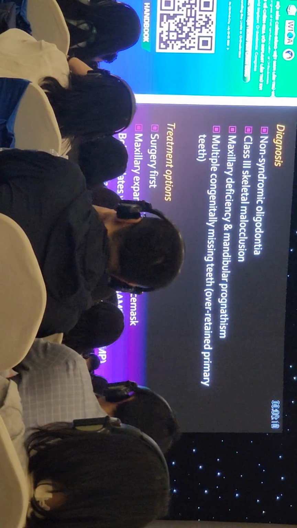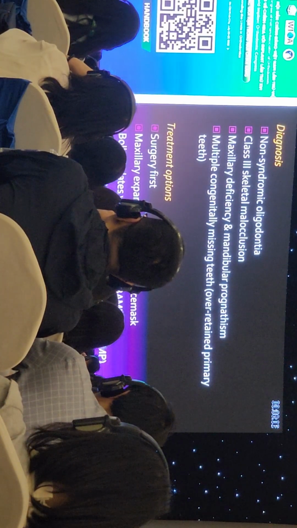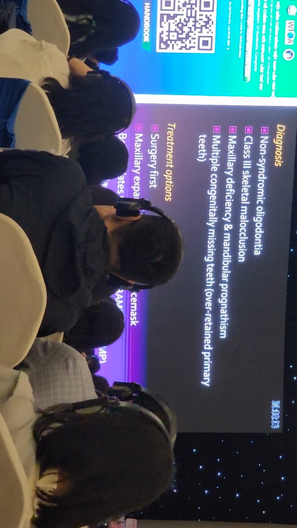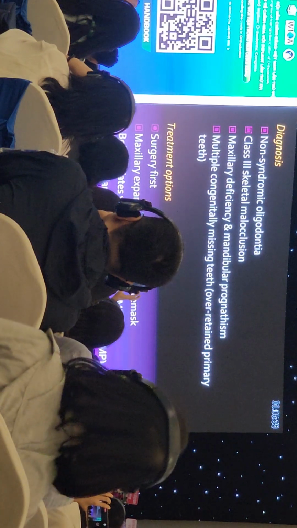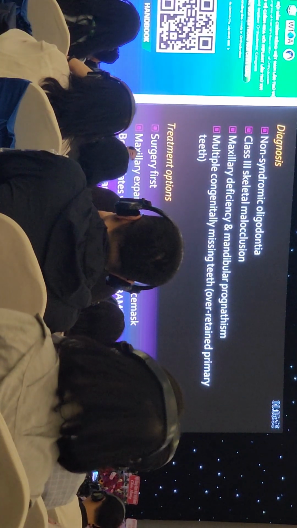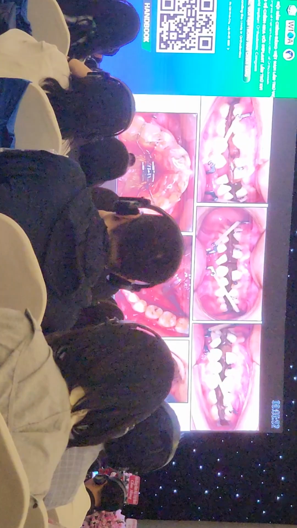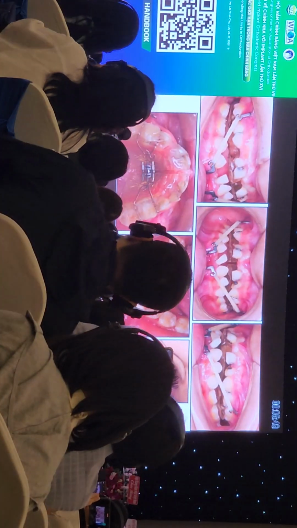So you can maybe do class 3 elastics full time instead of a face mask, but you have to have a bony plate on the upper, you have to have a bony plate on the lower. So what are the options that you can do? Well, you can do something like that.